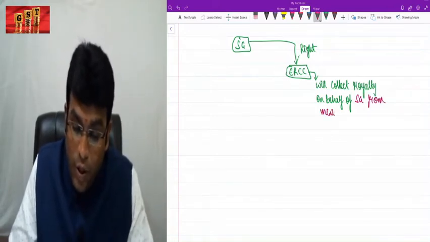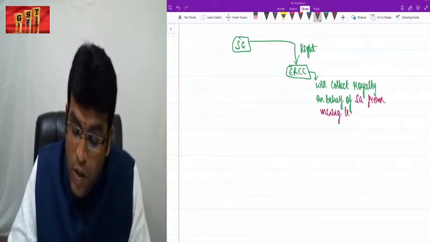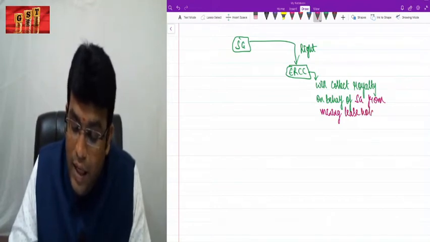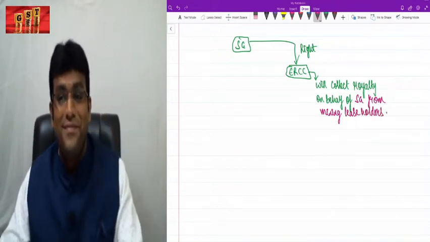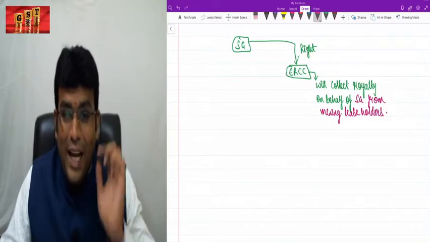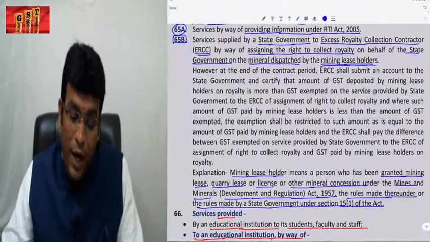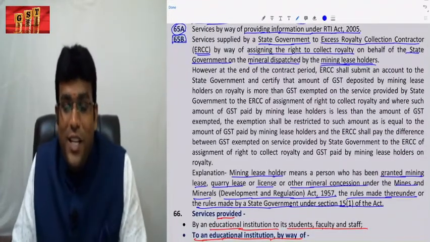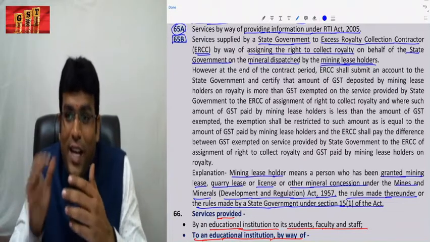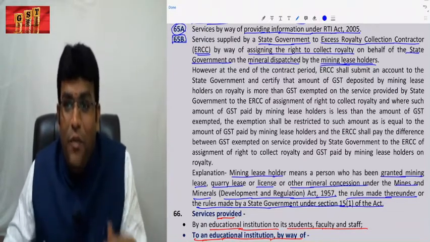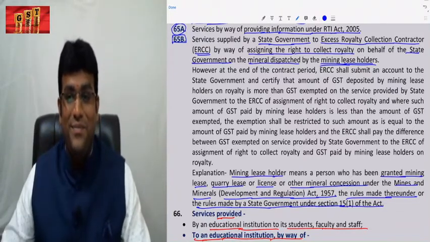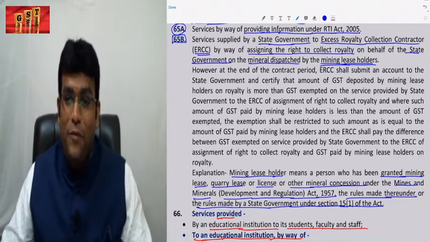From mining leaseholders. Exactly. Friends, getting clarity, my dear friends? Now going back to the point, services given by state government to excess royalty collection contractor by way of assigning the right to collect royalty on behalf of state government.